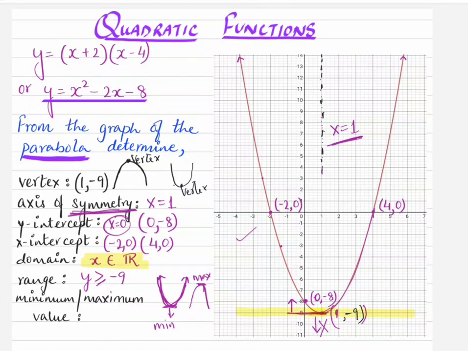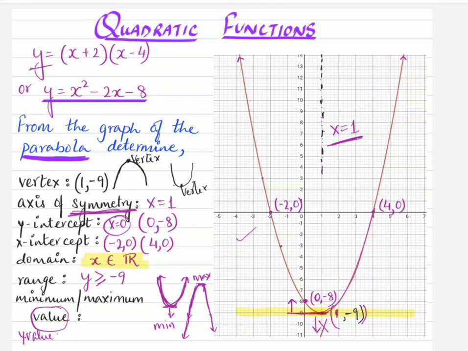Similarly, when it is open downwards, it can go as low as it wants. It can just keep going on and on and on, but it can go as high as that point only, right? And when they are asking us the value of something, that value means the y value, not the y-intercept, sorry, right?